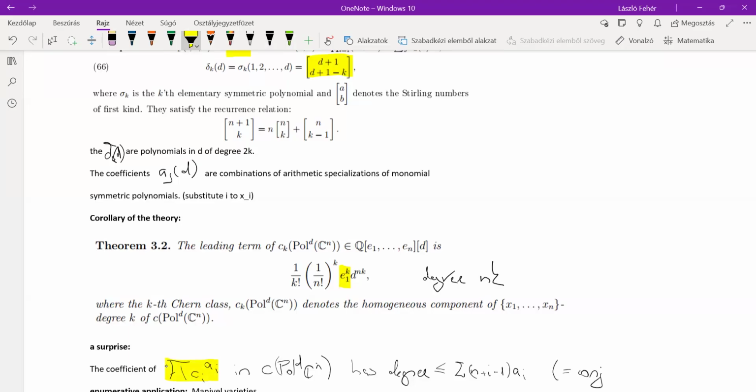And it turns out that the degree, well, the trivial estimate would be the sum of 2i times ai. Sorry, not n times ai. Okay, maybe I should write it down. Trivial estimate.